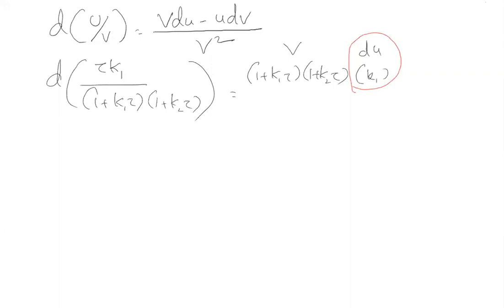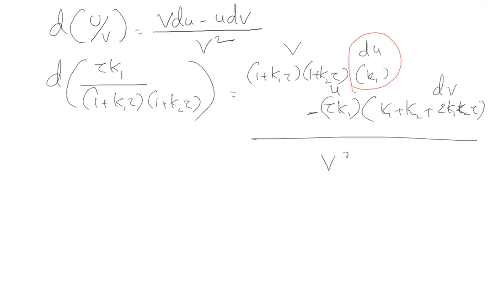Minus what u is: tau into K1, into 1 plus K1 tau into 1 plus K2 tau. What is the differentiation? K1 plus K2 plus 2 K1 K2 tau. This is what dv is, and this is what u is. So divided by v square, which is equal to 0.